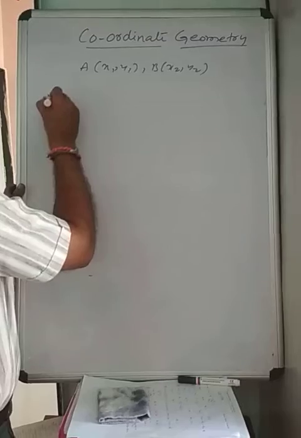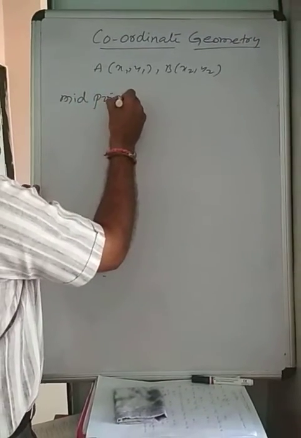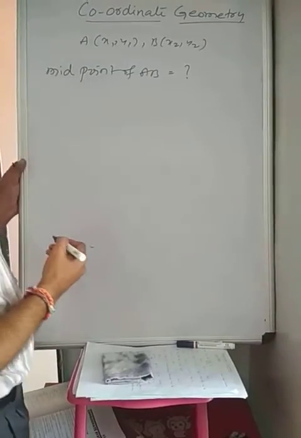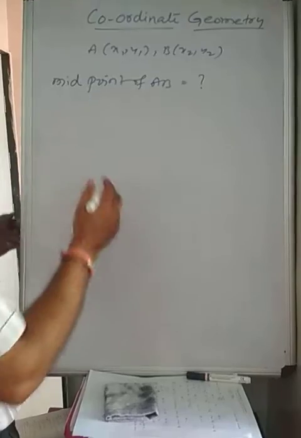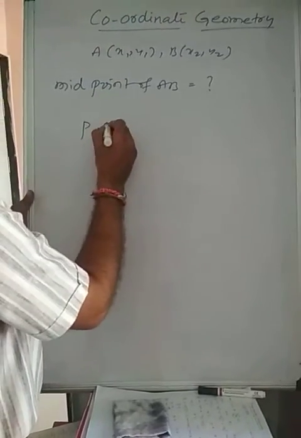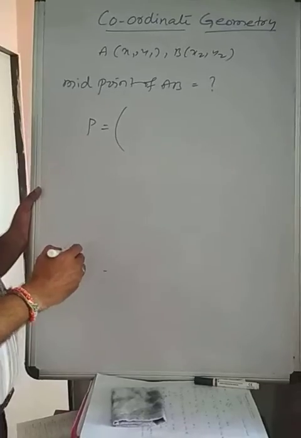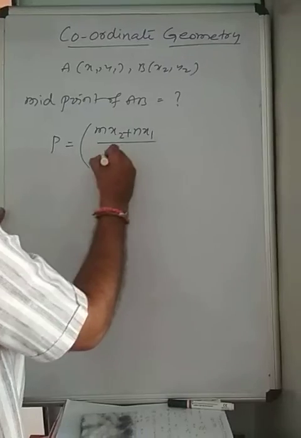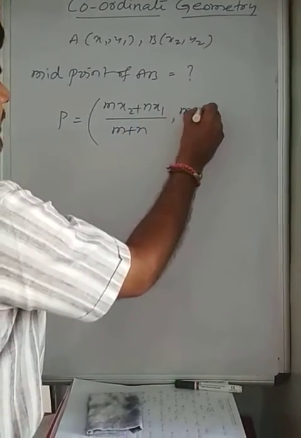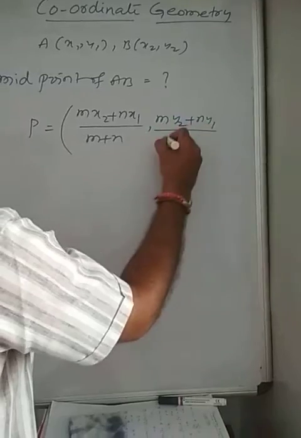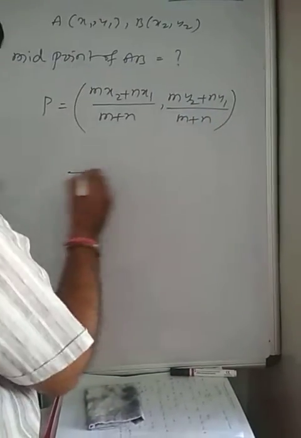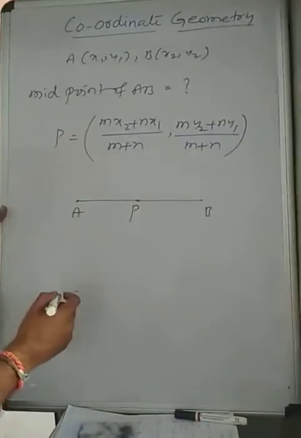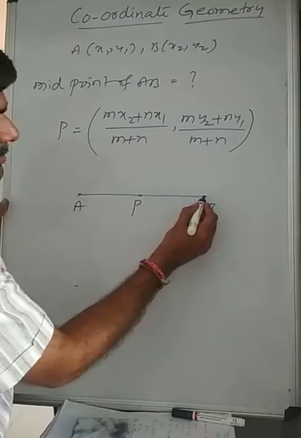We require the midpoint of AB. Previously we discussed that P divides the line segment AB in the ratio m is to n as (mx2 plus nx1) by (m plus n), (my2 plus ny1) by (m plus n). So here P is the midpoint of AB.